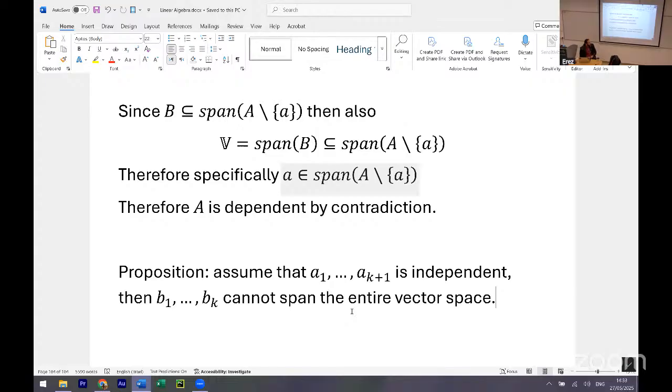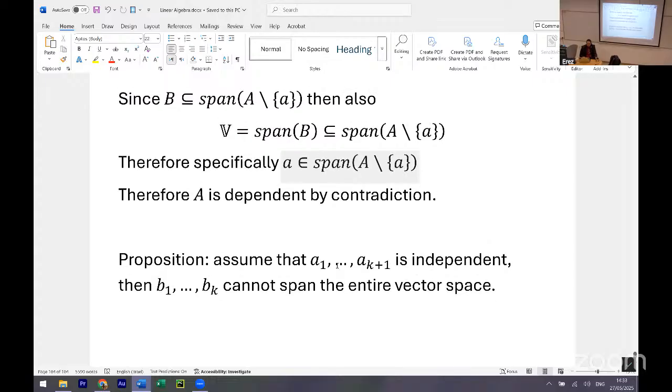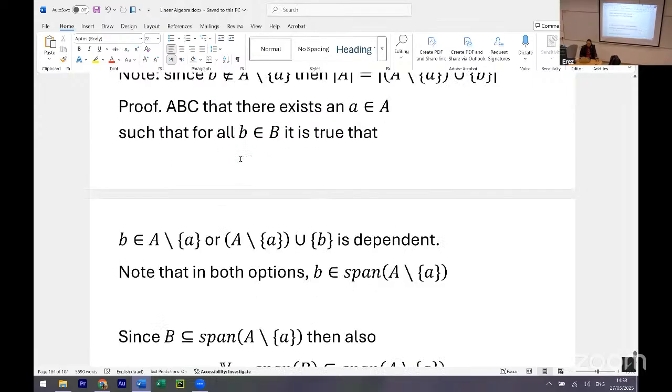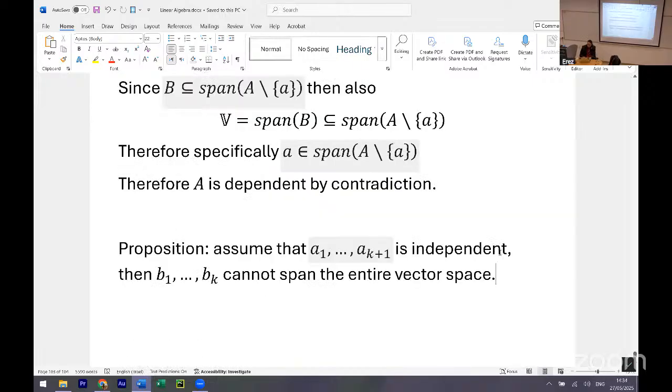With that, I will prove that every two bases must have the same number of elements, because both of them are independent and span the entire vector space, and therefore each of them must be no larger than the other, and therefore they must have exactly the same number of elements. The way that we prove it is just using Steinitz's lemma. Proof.